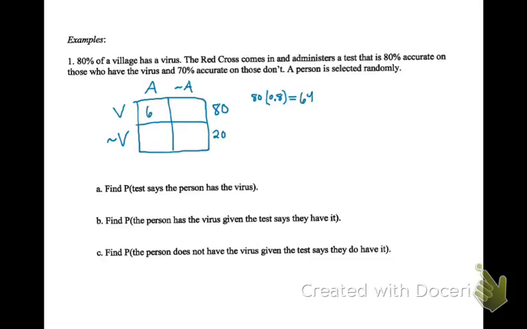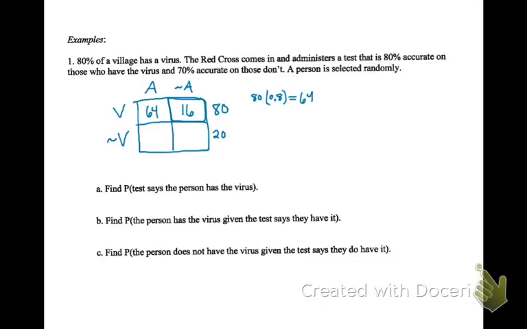So 64% of the entire population, the test says accurately that they have the virus. Now you should be able to fill out the rest of that row because it has to total to 80%, so there has to be 16% remaining for those who had the virus, but the test was not accurate. Now the next part says it's 70% accurate on those who don't have the virus.